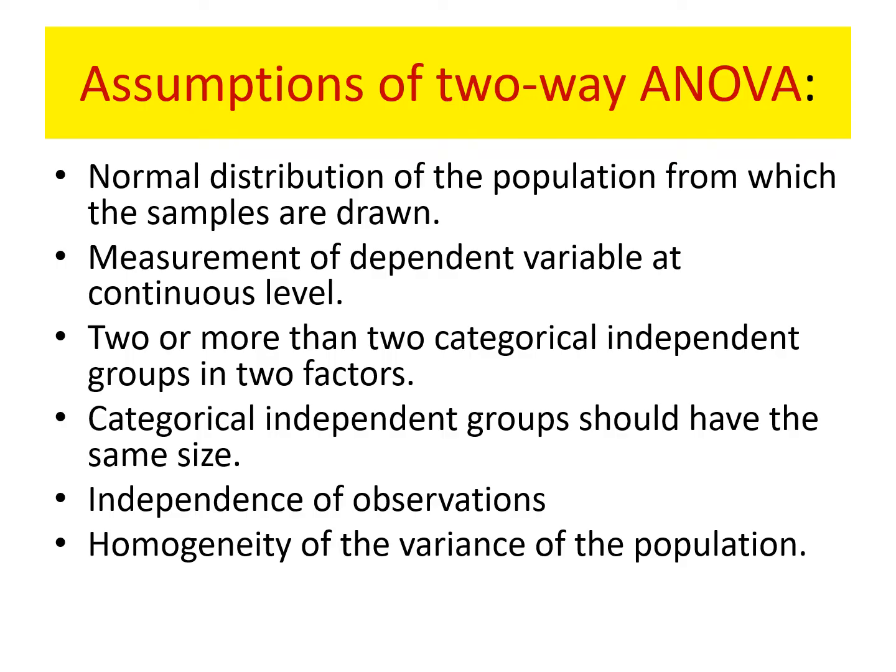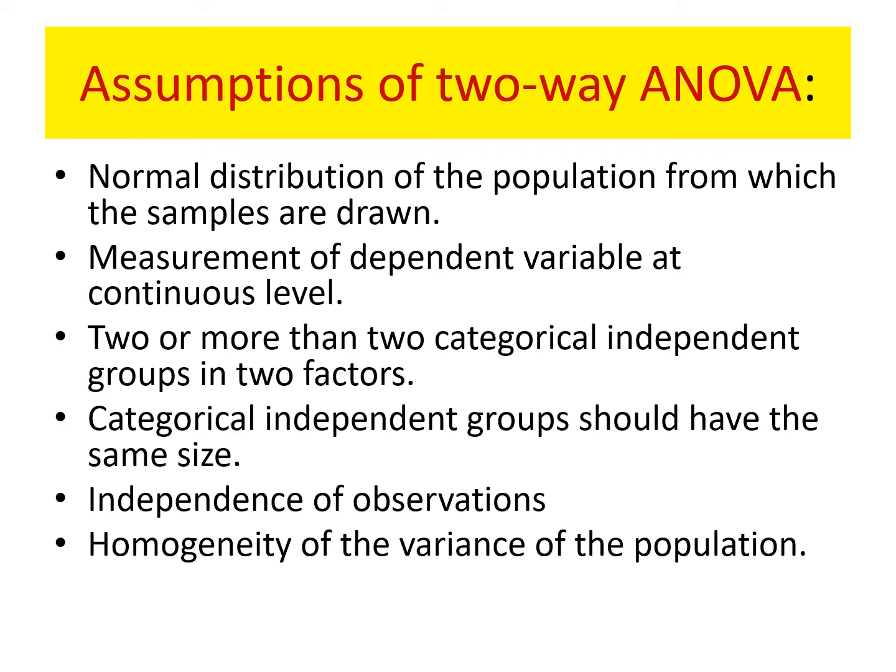So the distribution should be normal. And there is measurement of the dependent variable at the continuous level. We have two or more than two categorical independent groups, and the categorical independent groups should have the same size this time.